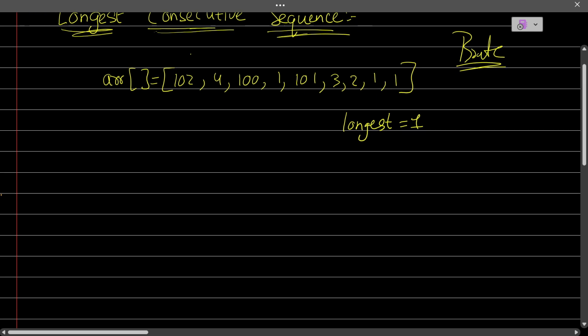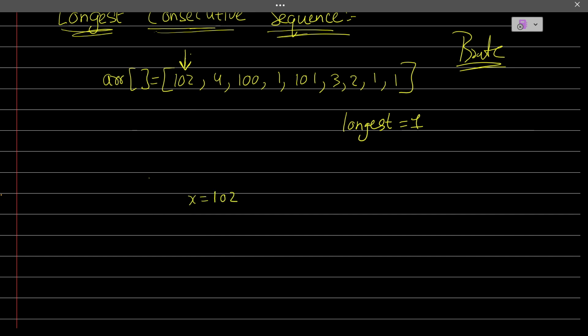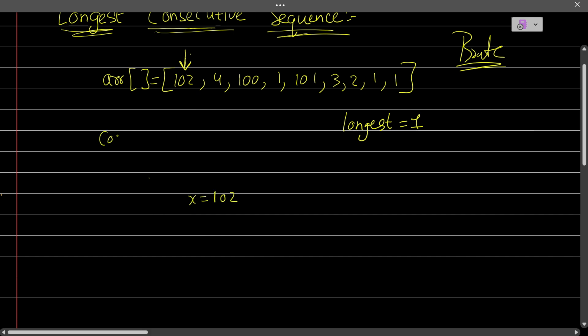Then I'll take x, and I start to iterate my array. I go to the first element, that is 1 or 2. When x equals 1 or 2, I'll take a counter here, and the counter is increased by 1.